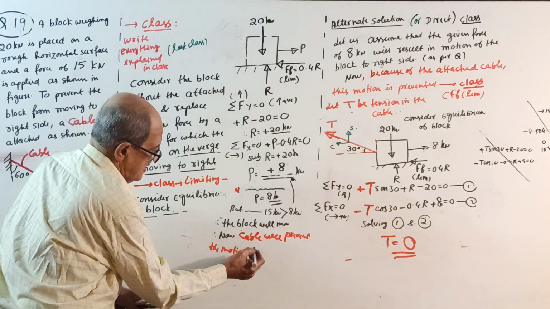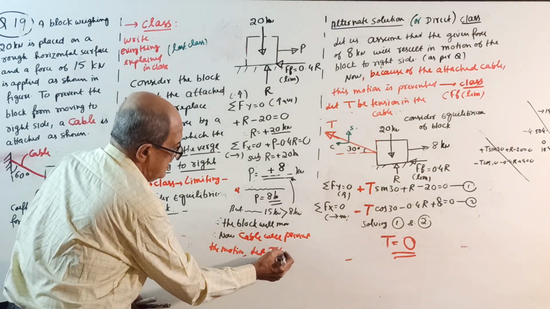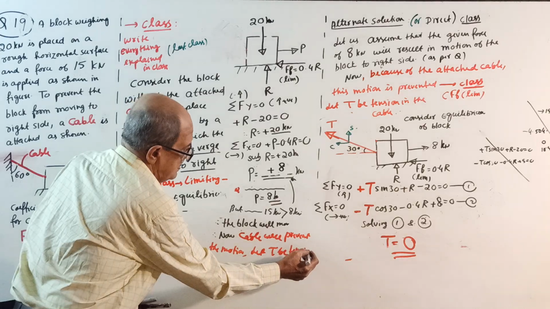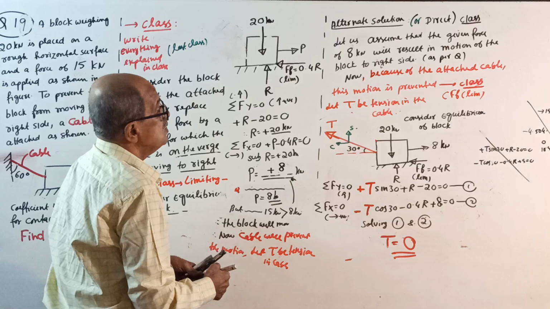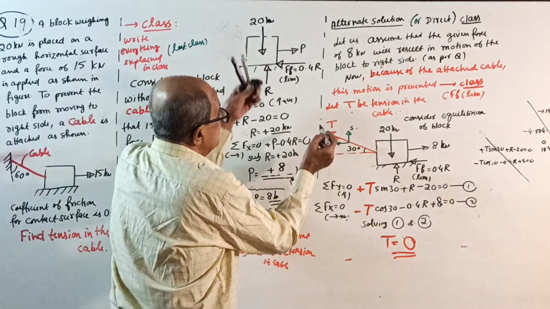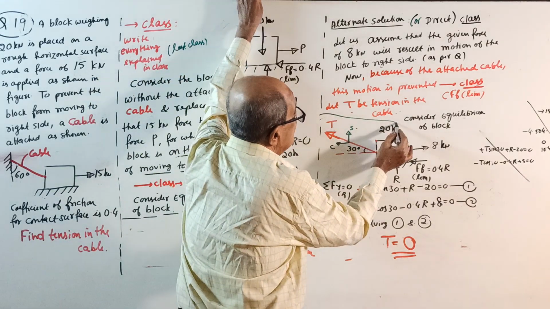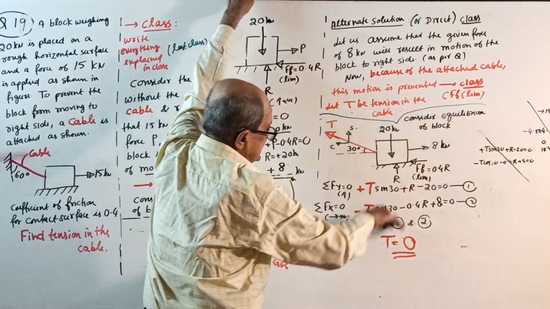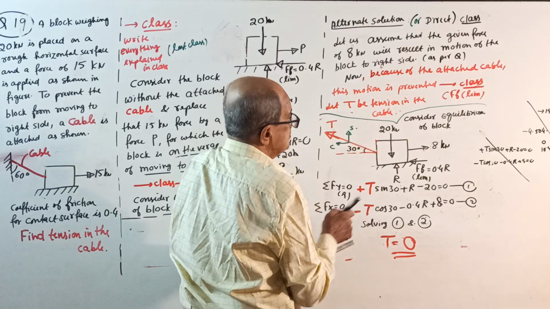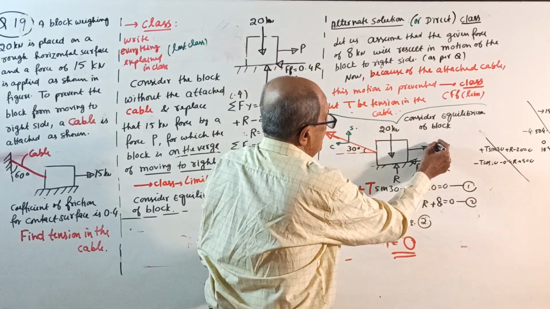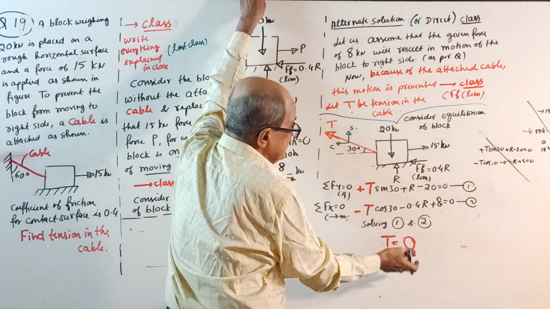Let T be the tension in the cable. Now do one thing. Don't see that side. Start. This will come here. What do you write here? 15 kilonewton force. Solve same as last time.